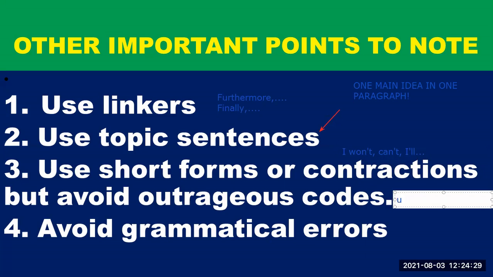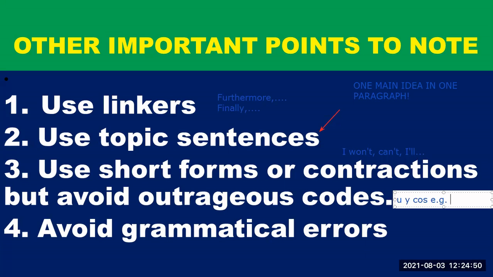Some will write Y, the letter Y, to represent WHY. Instead of writing because, some will simply write COS. And instead of writing, for example, some will simply write EG. Avoid such short forms, all right?